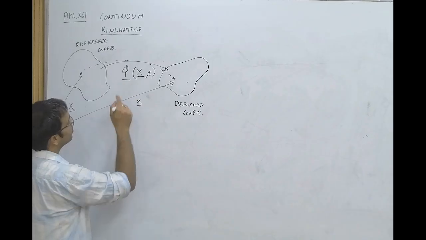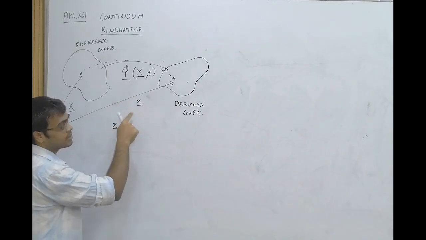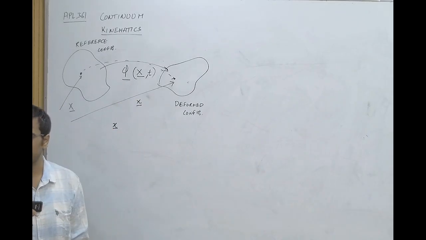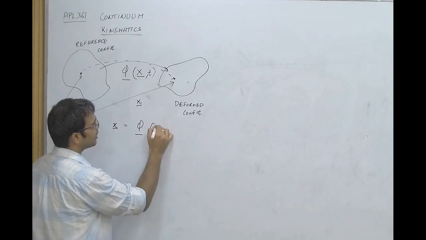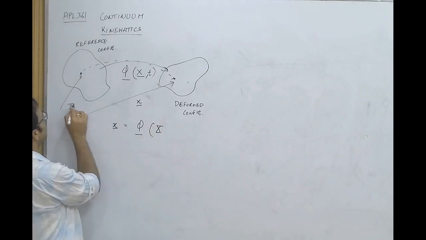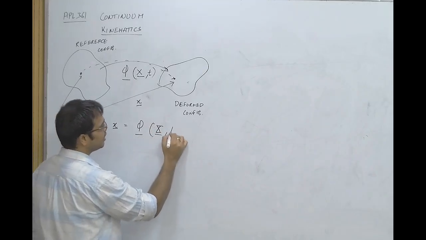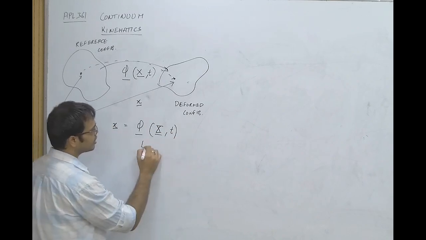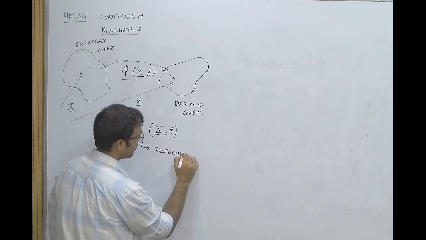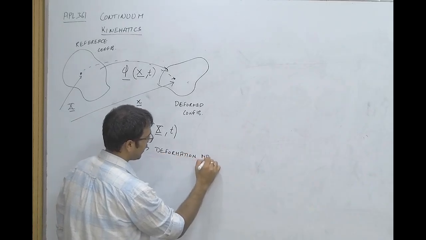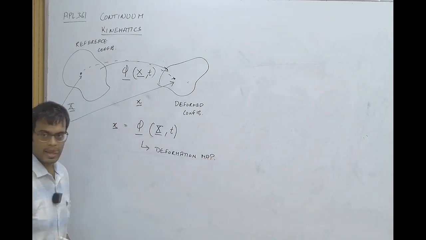The definition goes that this small x, the new spatial location of the material particle capital X, is given by phi of capital X, t.